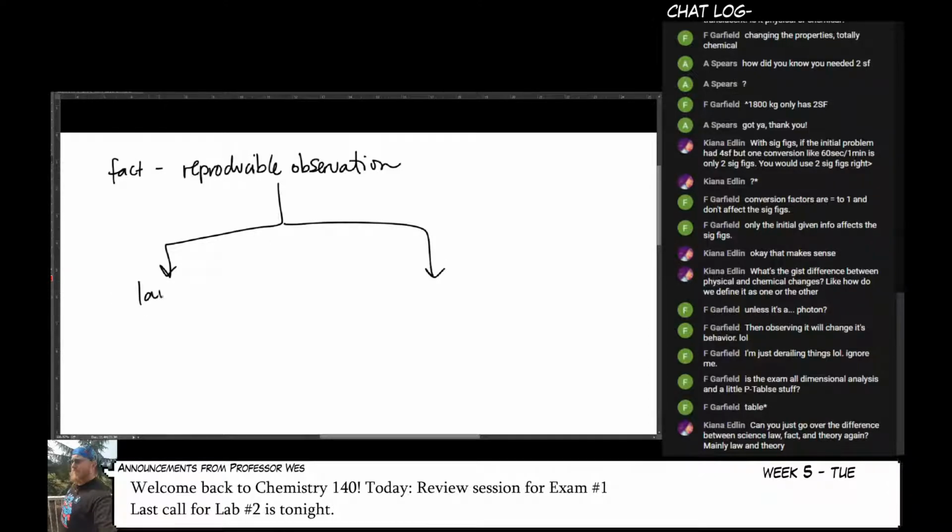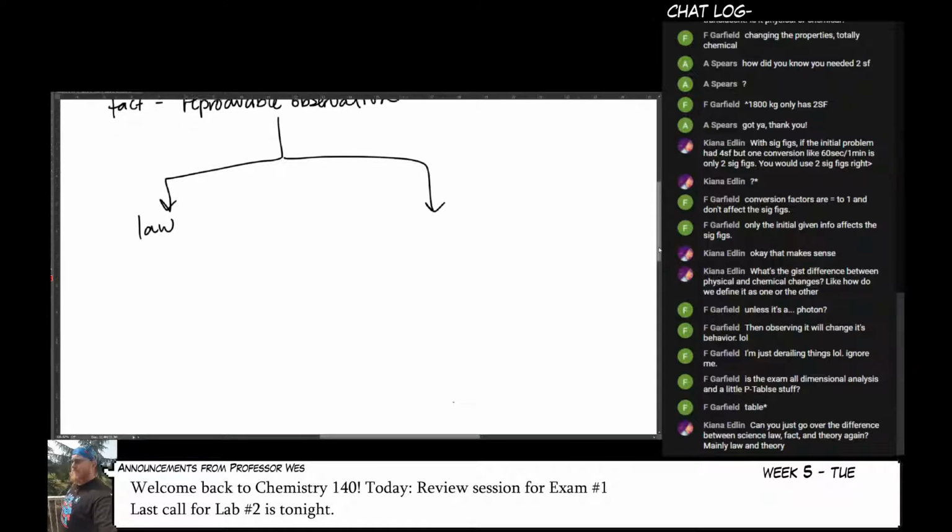So a law is sort of a summary of how your facts behave. And we would simplify that by saying this is how matter behaves.